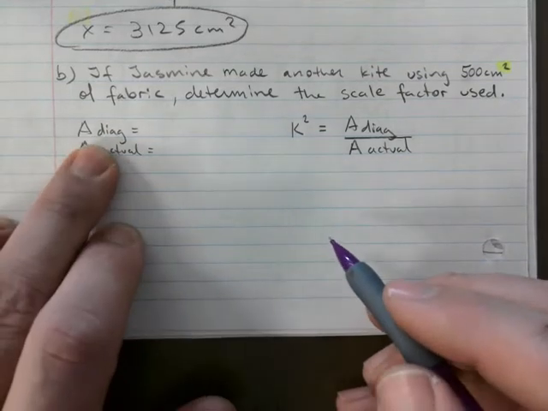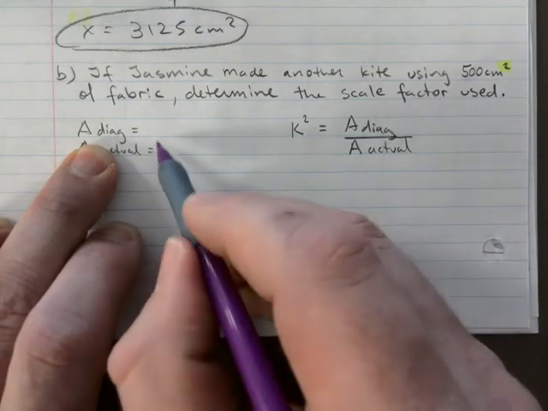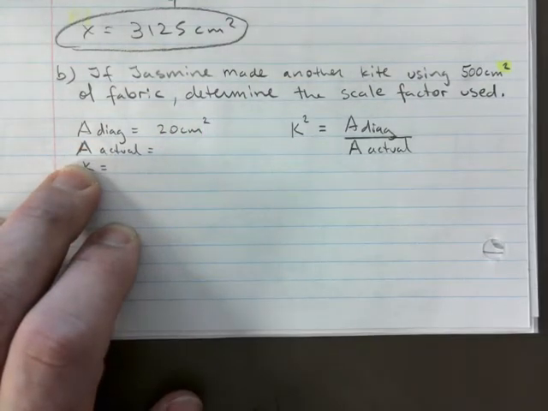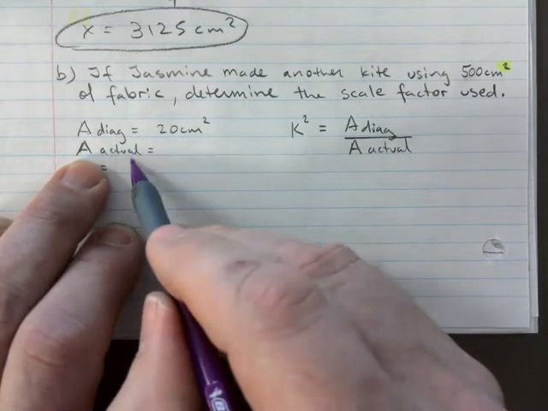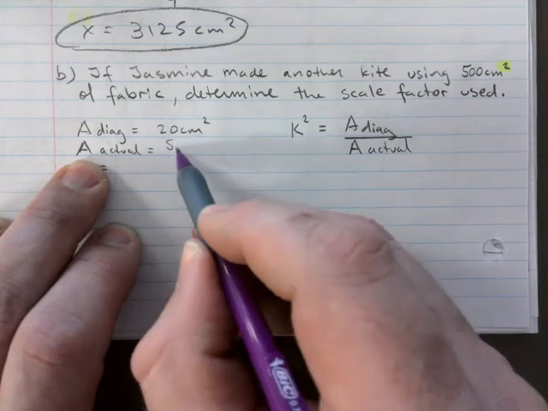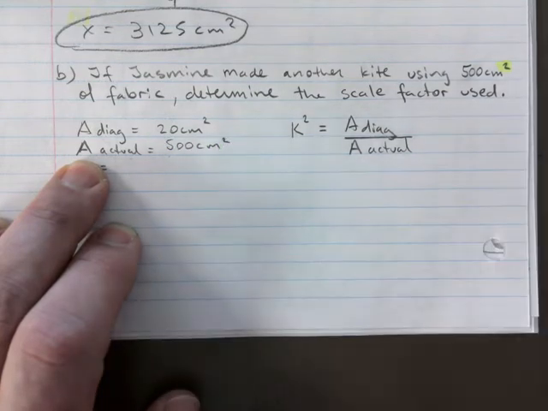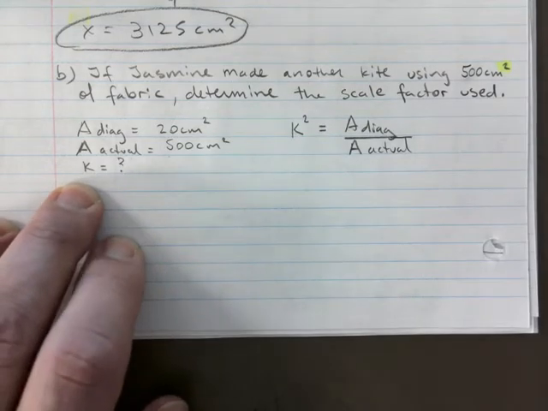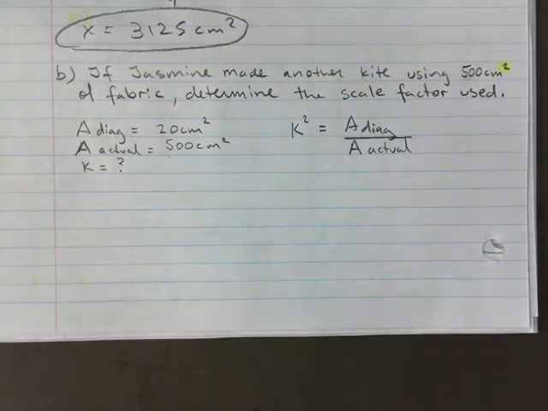So area of the diagram, I know from up there is 20 centimeters squared. So we're still using that same blueprint. Area of the actual kite that has been made is in this case 500 centimeters squared. This is unknown to us. So they're giving you 2 pieces, you need to figure out the third one.